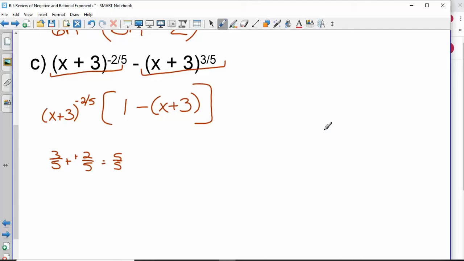But we can simplify that a little more. This negative, you have to distribute.